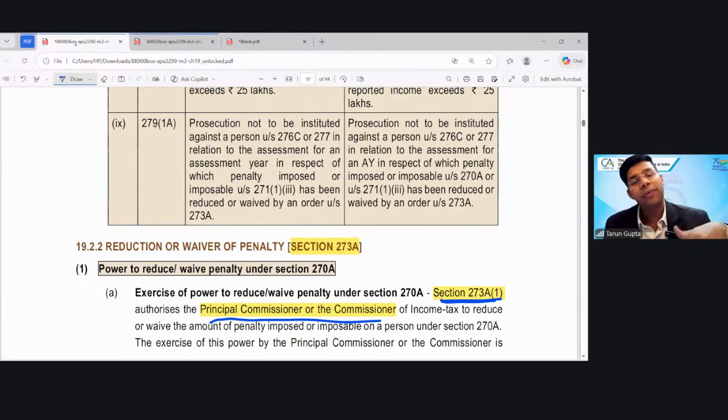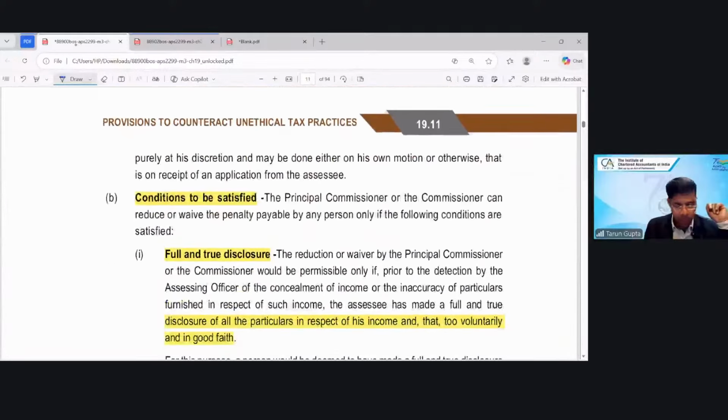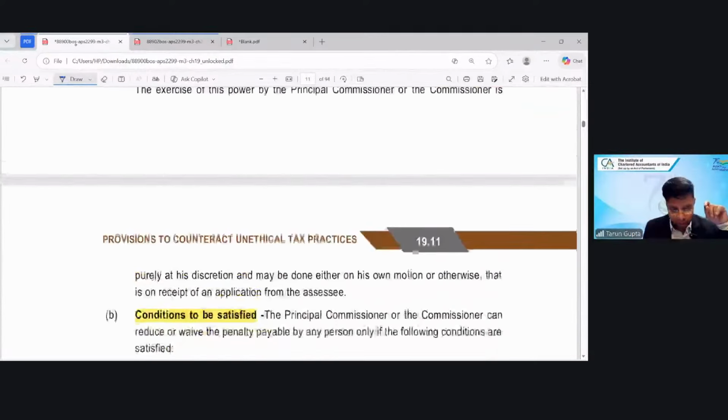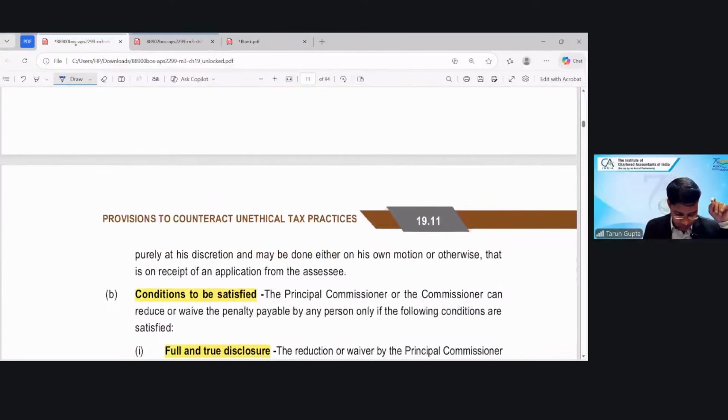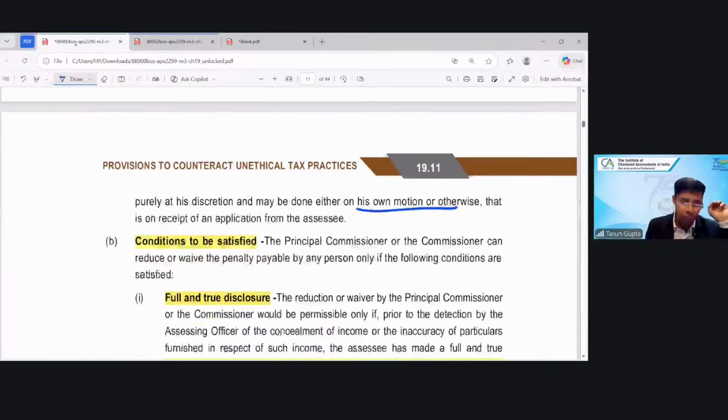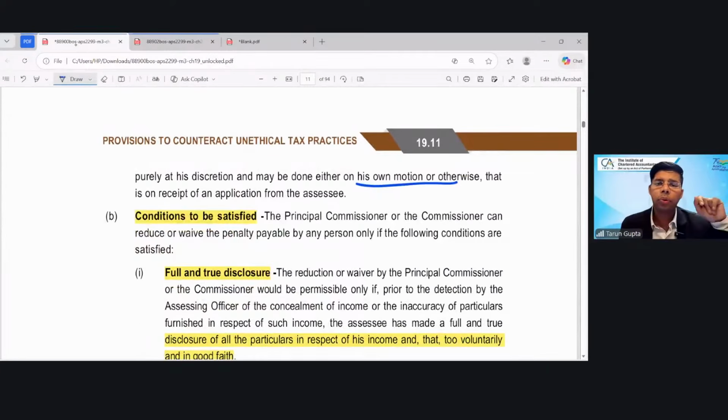So they can waive or reduce the penalty levied on the assessee. The Commissioner can act on his own motion or on the application of the assessee. So what are the conditions to be satisfied to get the benefit of section 273A(1)? Now we are discussing 273A(1).